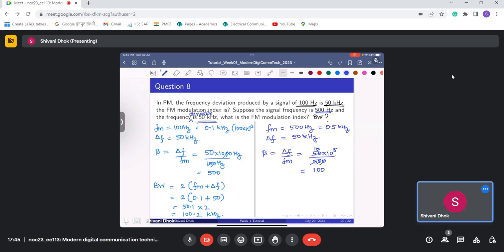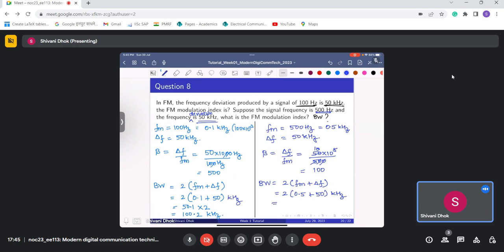Similarly, using Carson's rule, the bandwidth is 2 times Fm plus delta F. Now this I can write as 0.5 kilohertz plus 50, this is in kilohertz, this was also in kilohertz.